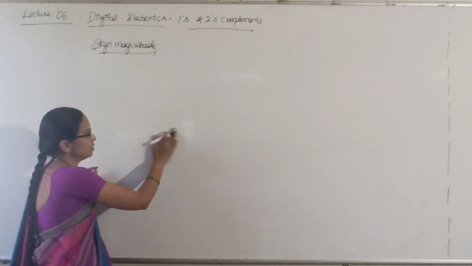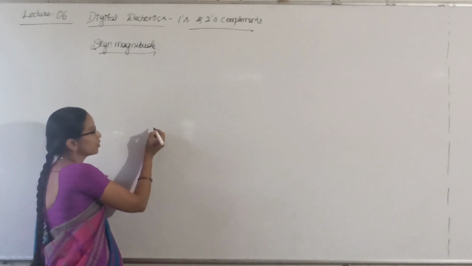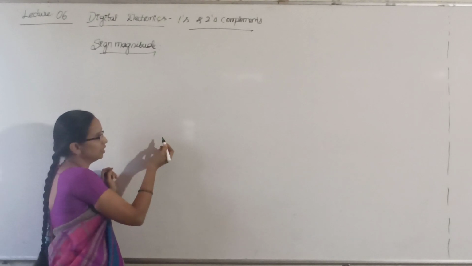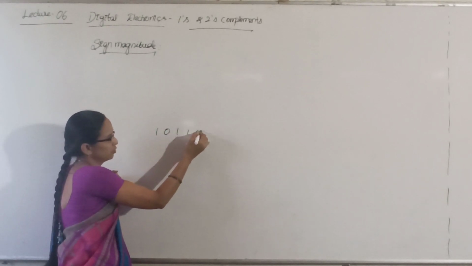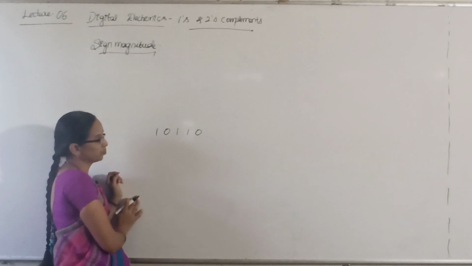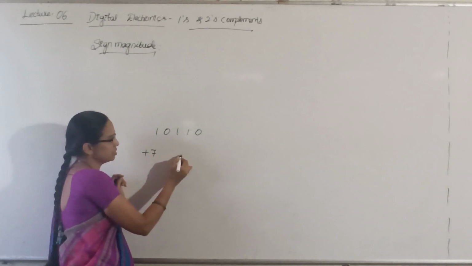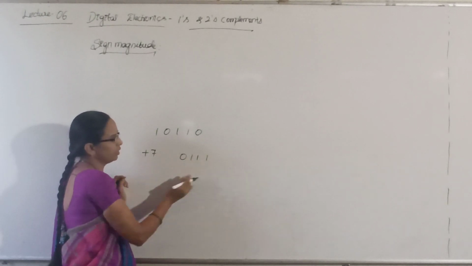In that, first we will go to sign magnitude numbers. Sign magnitude in the sense, if you want to represent a binary number, binary 7, plus 7, means 0, 1, 1, 1 you will take.